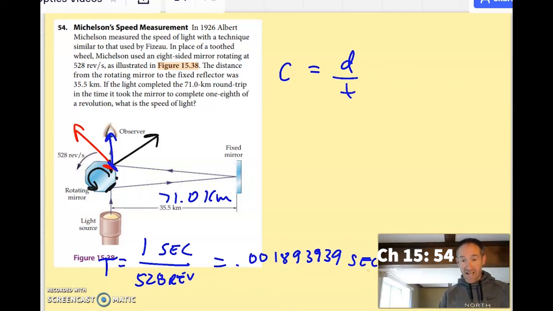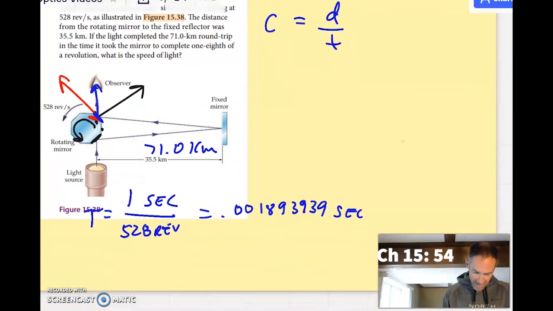Now, that's not the time that it takes the light to make the trip. So that's the time for the mirror to go around once, but the light is going to travel around in an eighth of that time. So my plan is I will take that number, I will divide it by 8, and that'll give me the time for the light to make the trip.